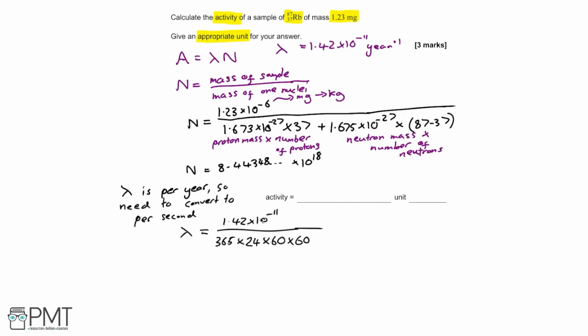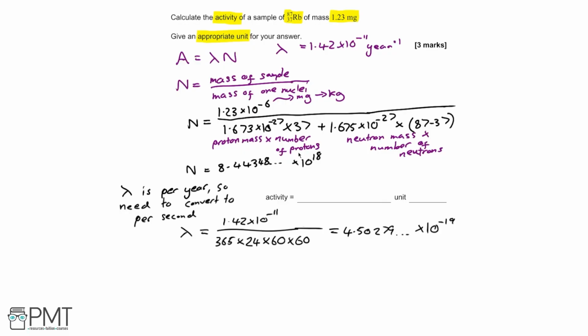So this conversion takes us from years to days, from days to hours, from hours to minutes, and from minutes to seconds. So the overall conversion here is from years to seconds. Doing that calculation, we find that lambda is equal to 4.50279 times 10 to the minus 19.